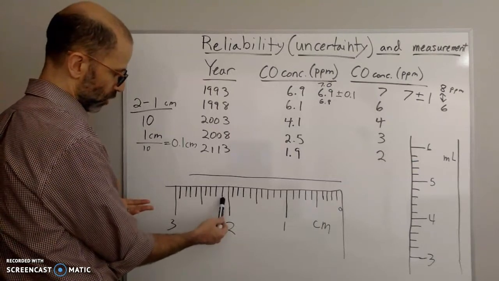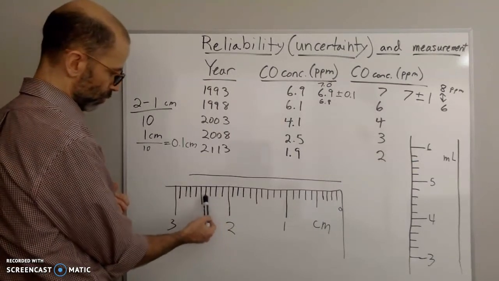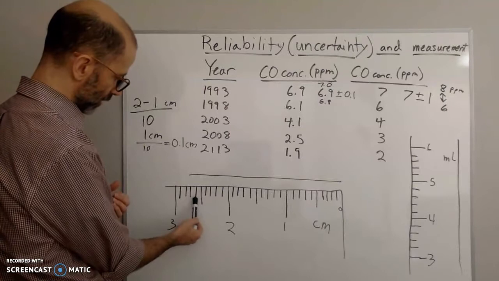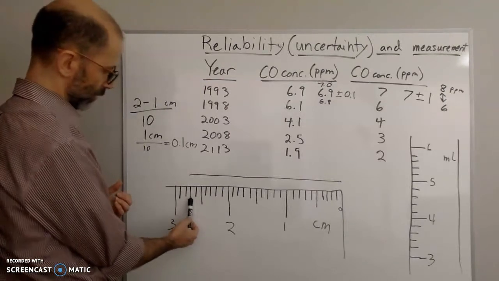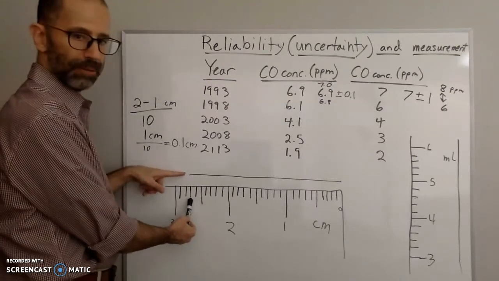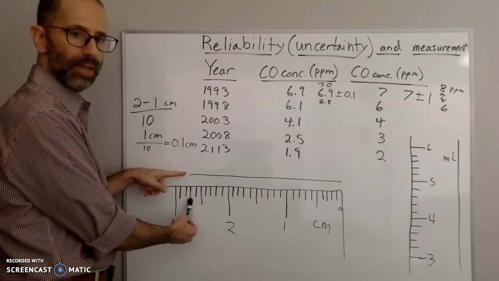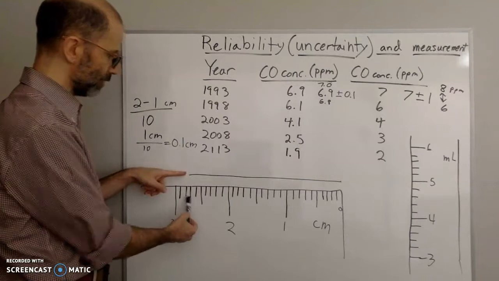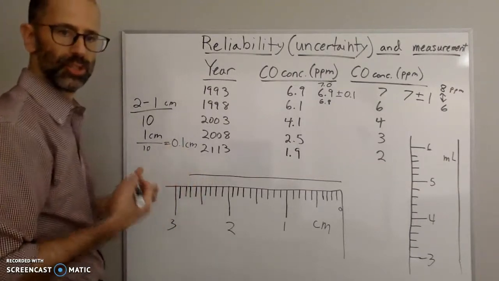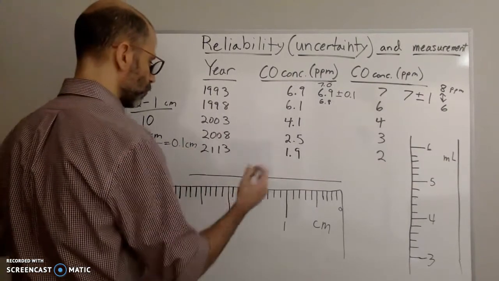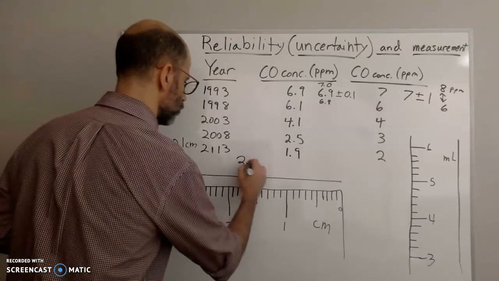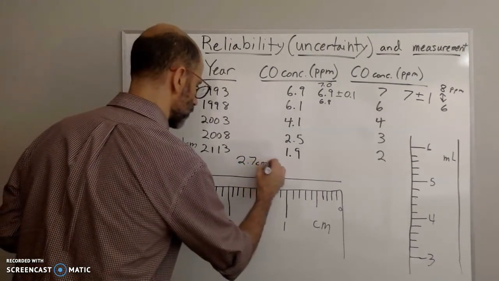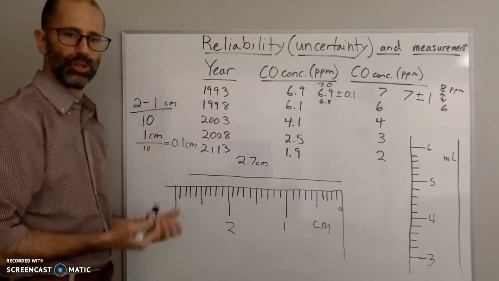So 2.1, 2.2, 2.3, 2.4, 2.5, 2.6, and 2.7. So it's definitely past this line, so I know it's definitely 0.7. So it's 2.7. Those are certain digits that I know for sure. 2.7 centimeters is what I know for sure.